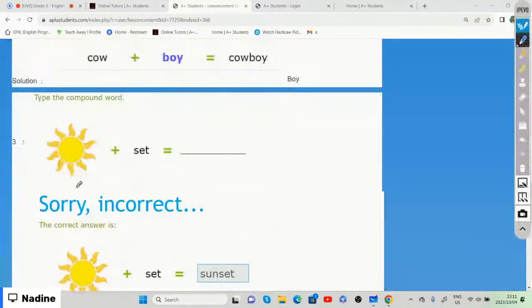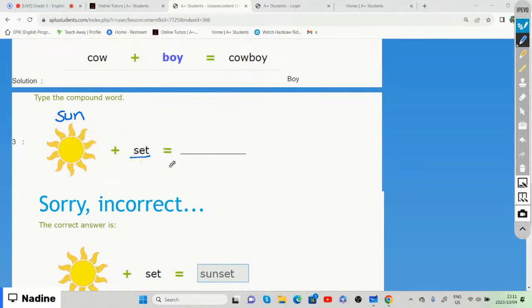All right. What object or thing do we see over here? This is the sun, right? So sun plus set. And what is the compound word?